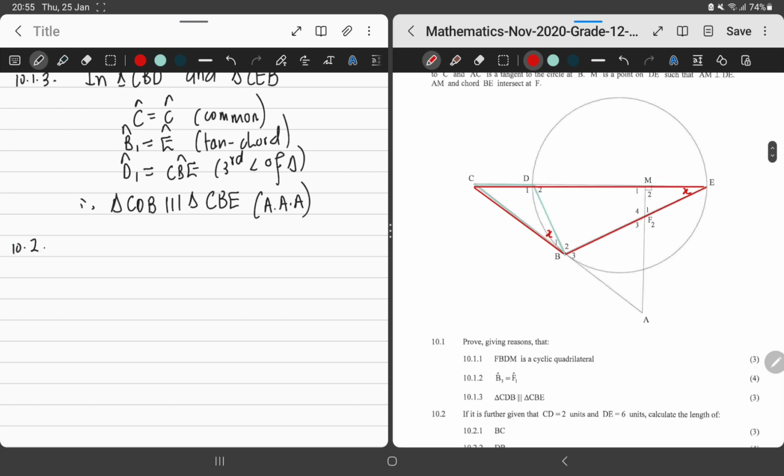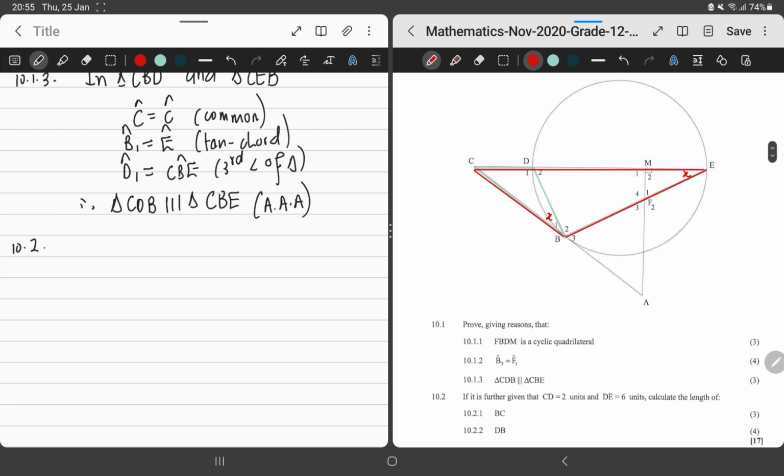10.2. It is further given that CD is equal to 2 and DE is equal to 6. Calculate the length of 10.2.1 BC. So we'll use triangle CDB being similar to triangle CBE.